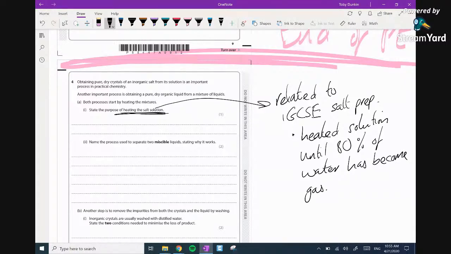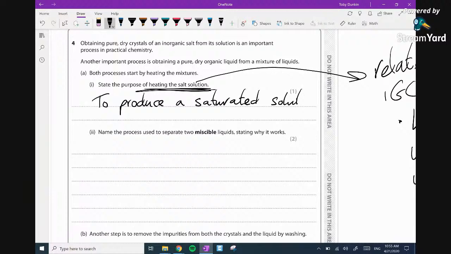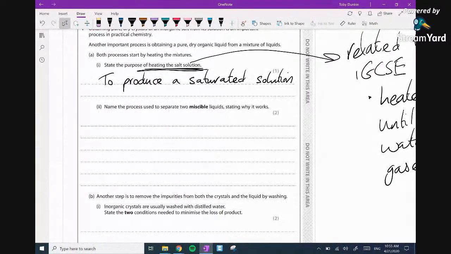And then you test it using a glass rod, and crystals form on the glass rod. So the reason for heating the salt solution is to produce a saturated solution. You could also say to make it more concentrated, I guess, but that's really the answer.